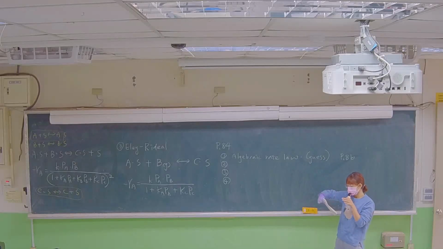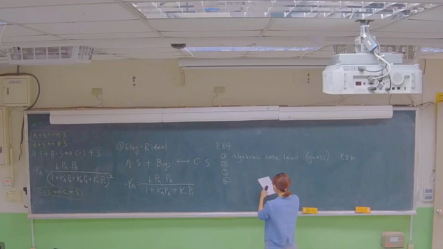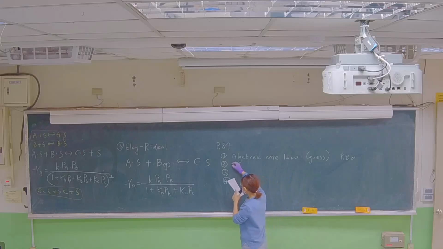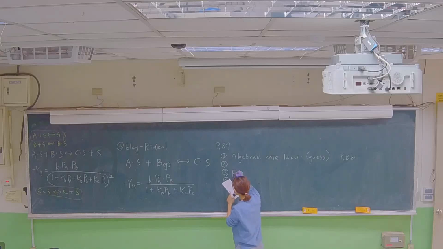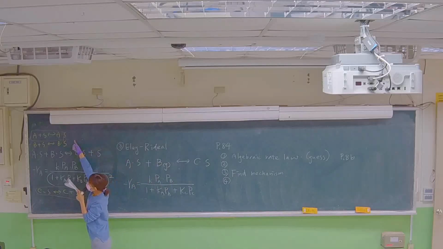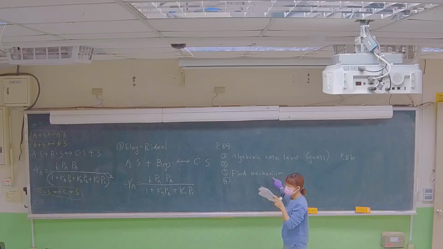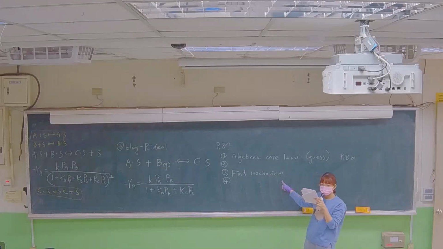And then secondly, this one is okay, not very important. We can see the third one first. From the rate law, you have to find the mechanism. Mechanism is what the reactions are for adsorption, surface reaction, and desorption. That is called mechanism, so you have to know this word. If you see it, please find the mechanism.